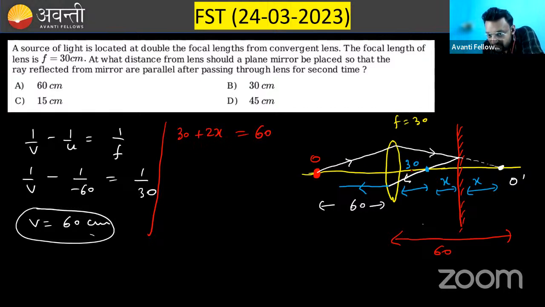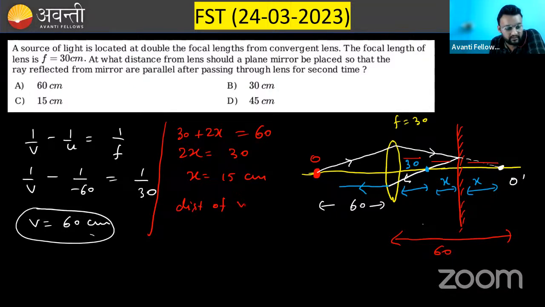In our diagram, this total distance is 30 plus x plus x, that is 30 plus 2x. So 2x is equal to 30 and x is equal to 15 centimeter. So the distance of the mirror, let's suppose D is equal to 30 plus x, that is 45 centimeter.